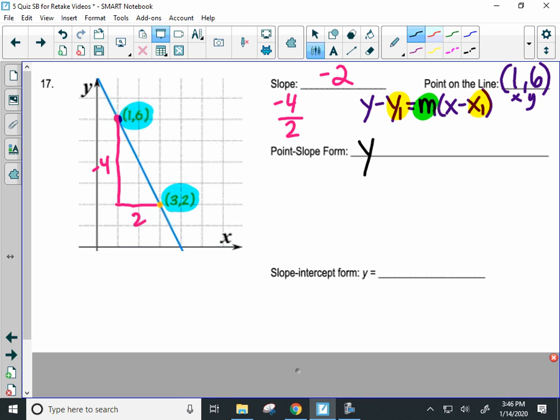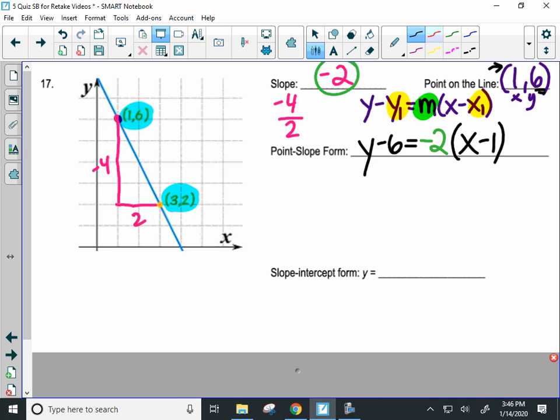It always starts with the letter y. I take the opposite of this x value, which will be minus 6. I'm going to write my slope, which I calculated up here. I put my parentheses, x, and then the opposite of the x value from the ordered pair. That is point slope form.